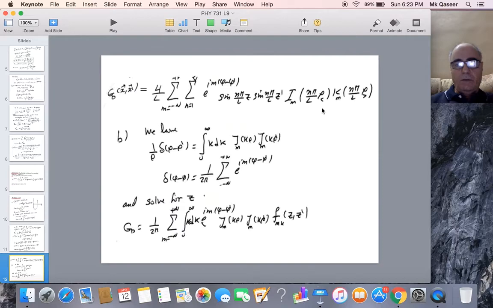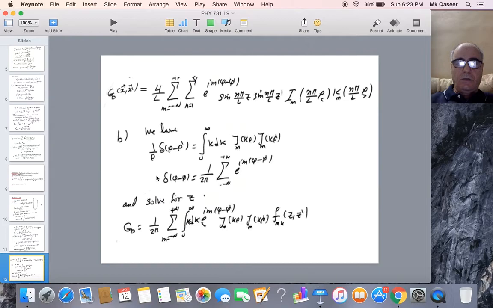Now to get an alternative form, let's write the Dirac delta function δ(ρ − ρ')/ρ in terms of the Bessel functions, which is the integral from 0 to infinity of k dk J_m(kρ) J_m(kρ'). We already know this relation from previous lectures.